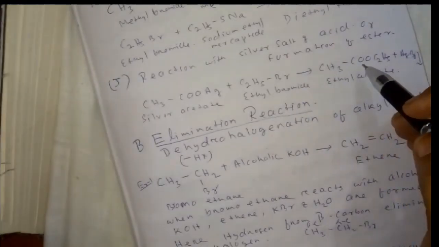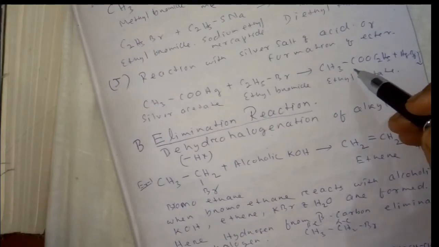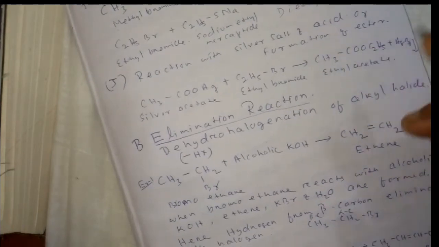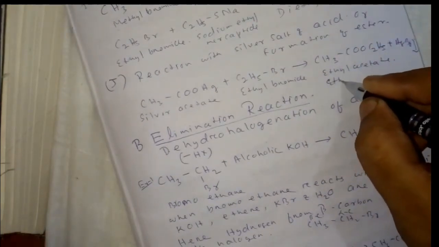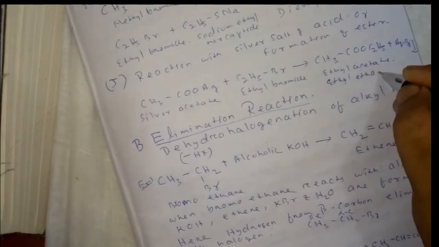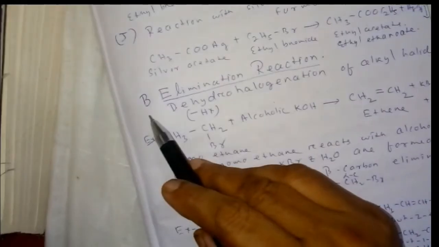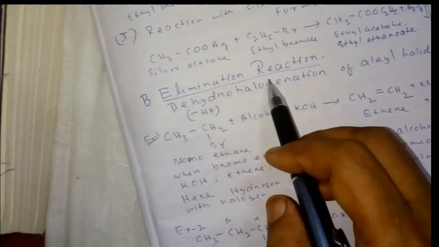AgBr will be precipitated. CH3COOC2H5 is termed ethyl acetate, or the IUPAC name is ethyl ethanoate. Next, the reaction will go to elimination.